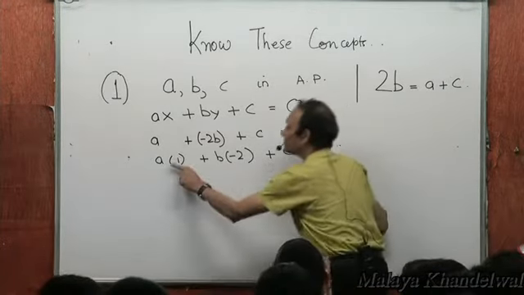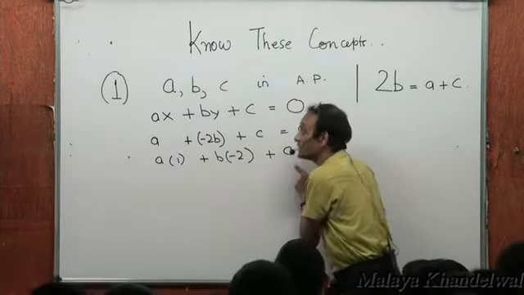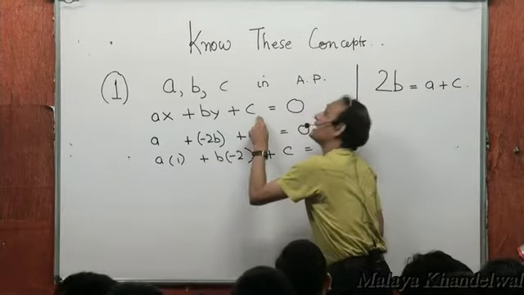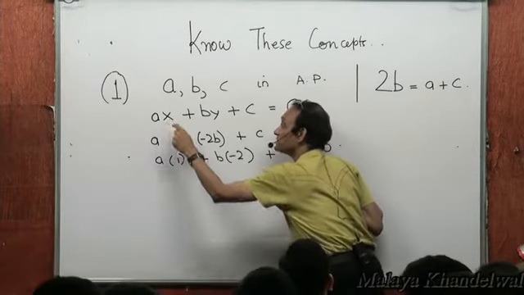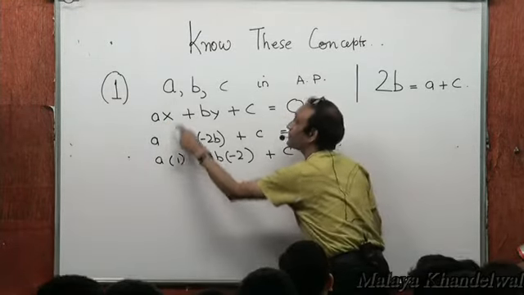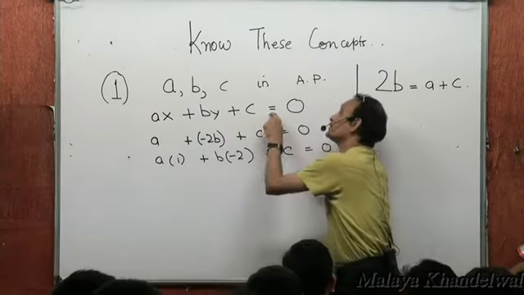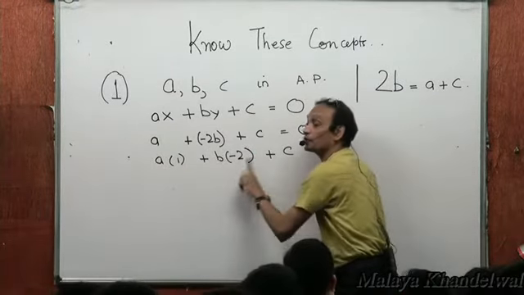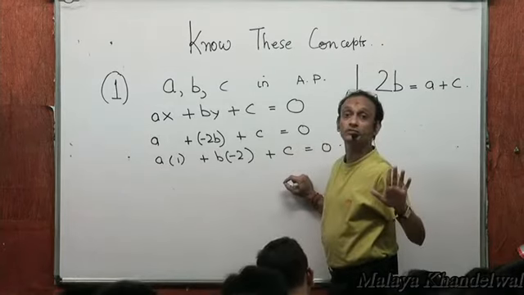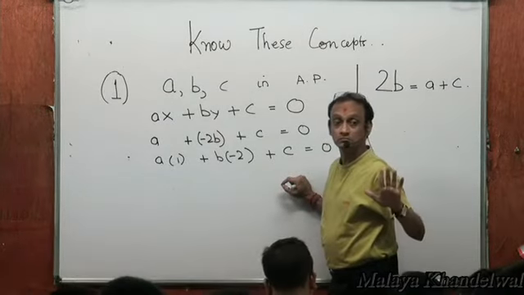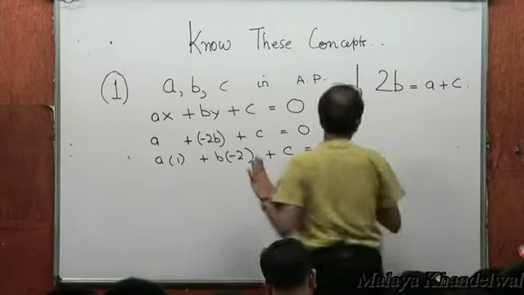So, if this condition is always satisfied, that means this equation will always be satisfied by x equal to 1 and y equal to minus 2. Therefore, this family of lines will always pass through the point 1 comma minus 2. Very good.